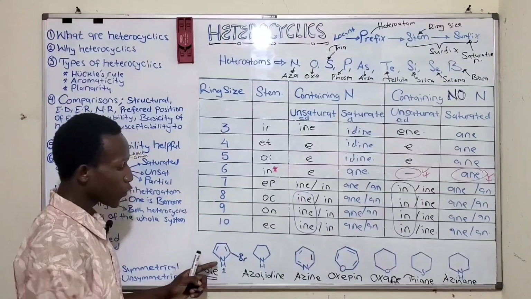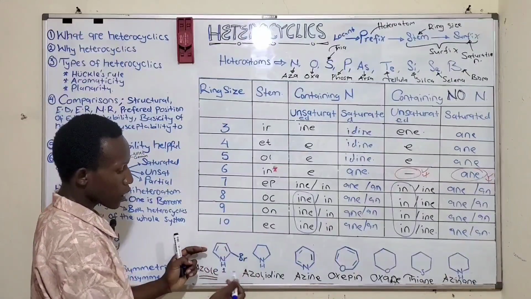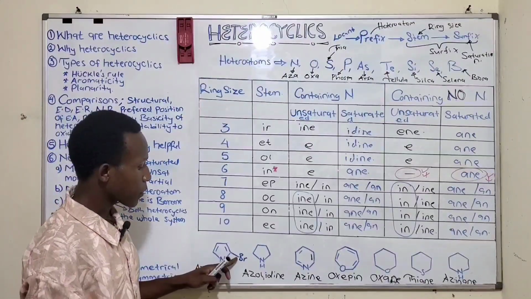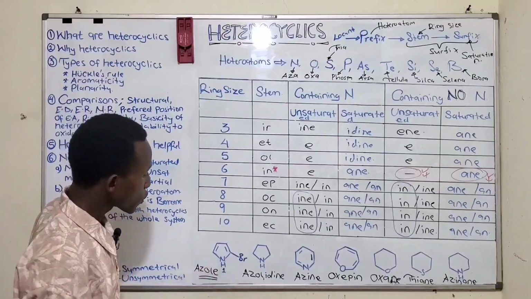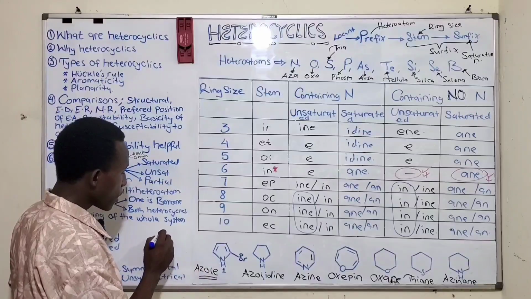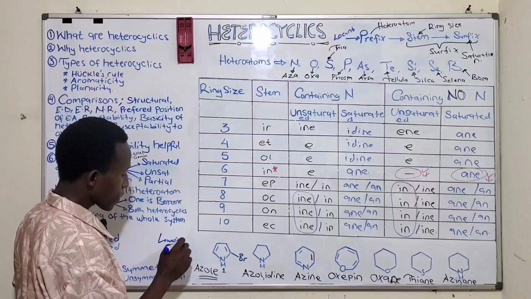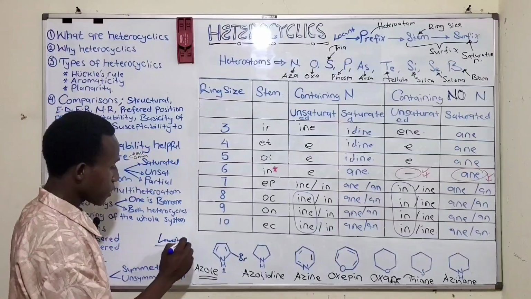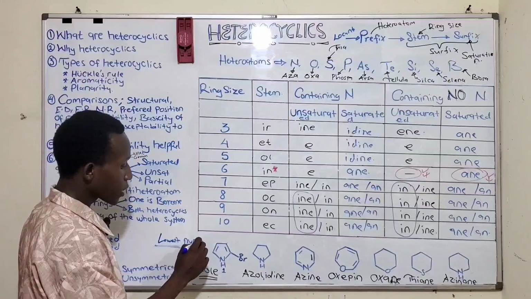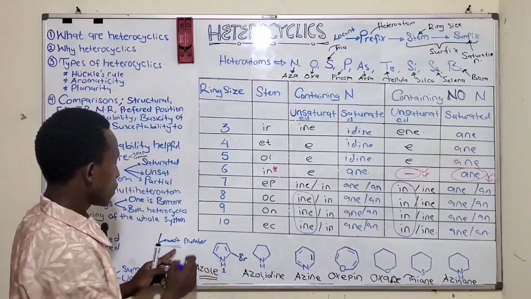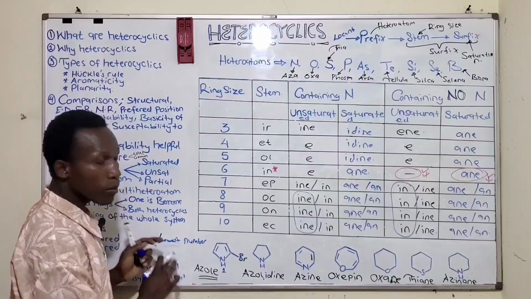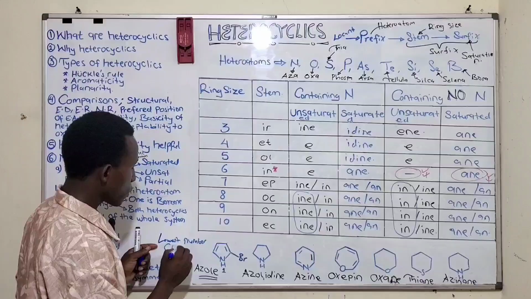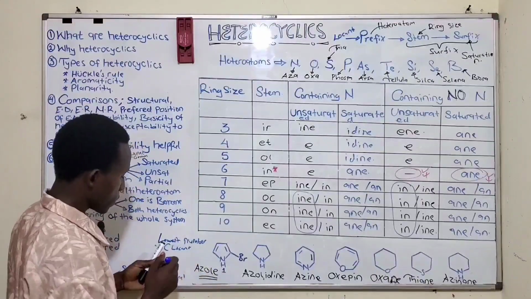Now, position 2 will follow this, anti-clockwise, not clockwise, because here you have no substituent, but here you have a substituent. So we follow that position which gives the lowest number or locant to the substituent. Locant is the number which shows the position of the substituent.